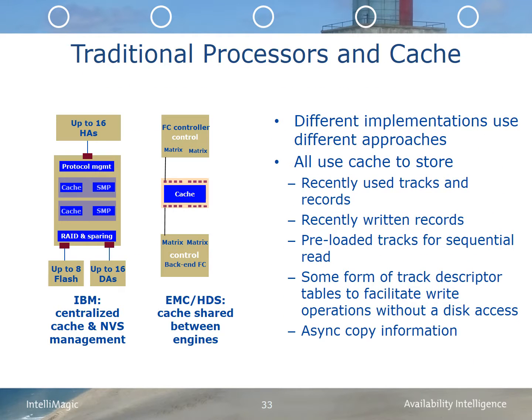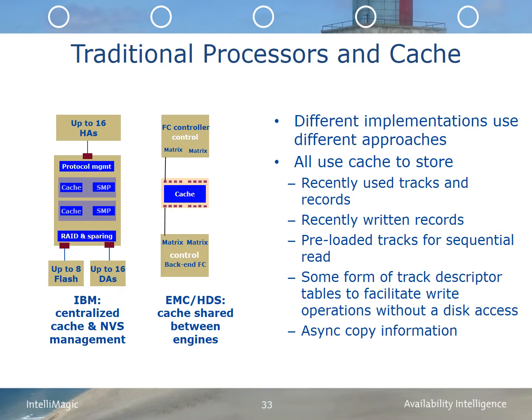For enterprise storage controllers, there are a couple of different approaches to cache and processors. For the IBM implementation, for the DS8000 anyway, there's a large centralized cache and NVS management. For the EMC and HDS, the cache is shared between the engines or processors, but it's distributed.